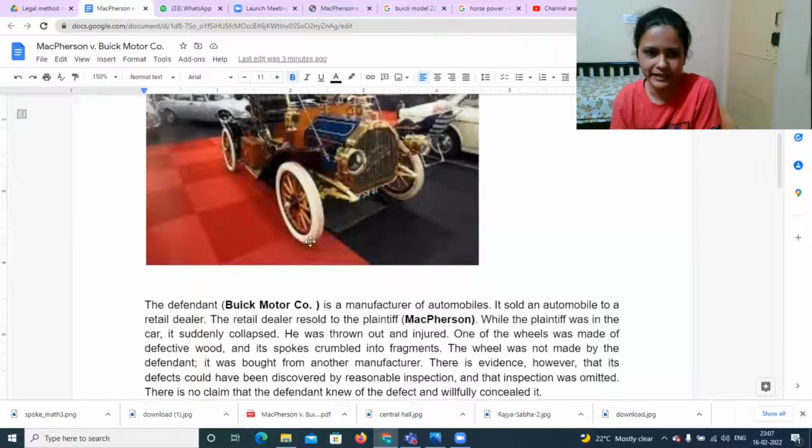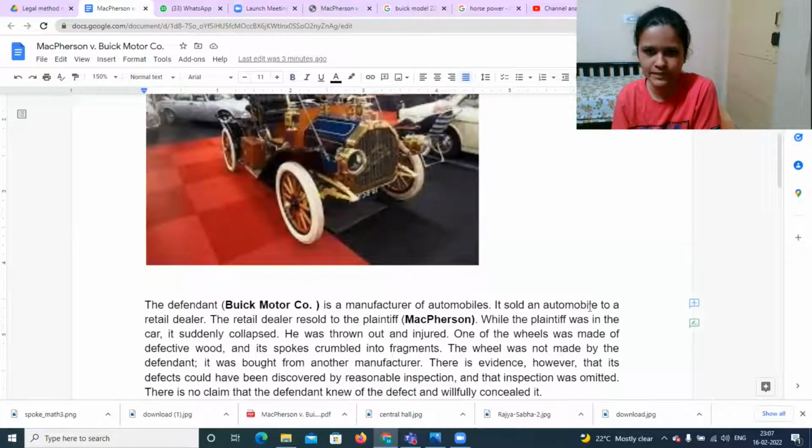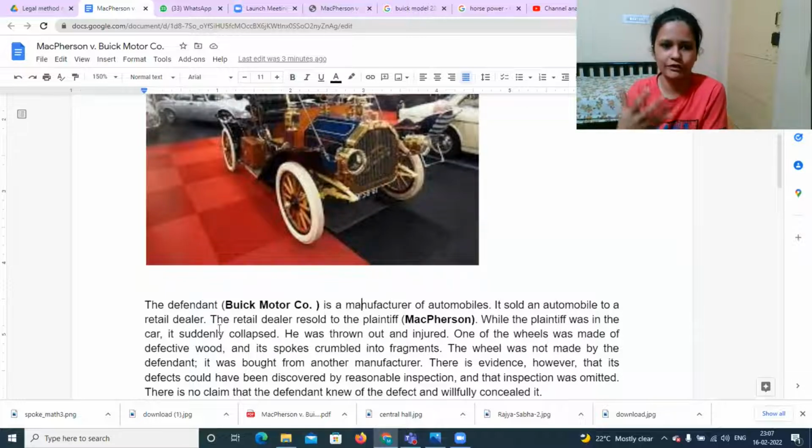As you can see, it is the defendant, Buick Motor Company, who was a manufacturer of automobiles. They were into manufacturing of automobiles. It sold an automobile to a retail dealer. So manufacturers would have dealers to whom they will sell, and from dealers, customers will buy vehicles or most of the other things that we see.